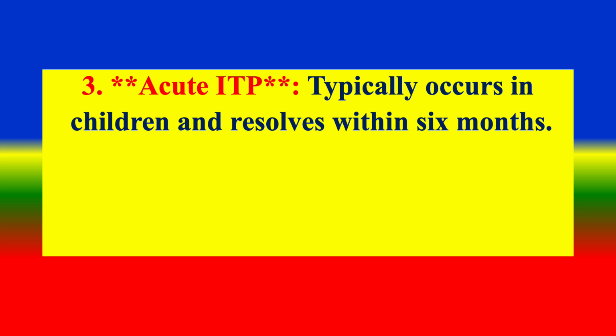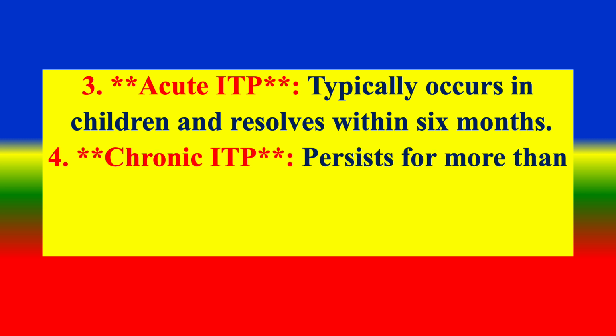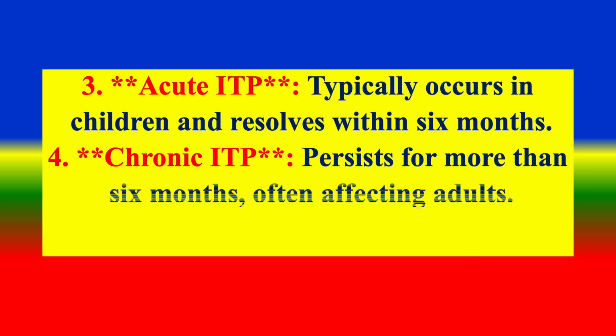Acute ITP typically occurs in children and resolves within 6 months. 4. Chronic ITP persists for more than 6 months, often affecting adults.